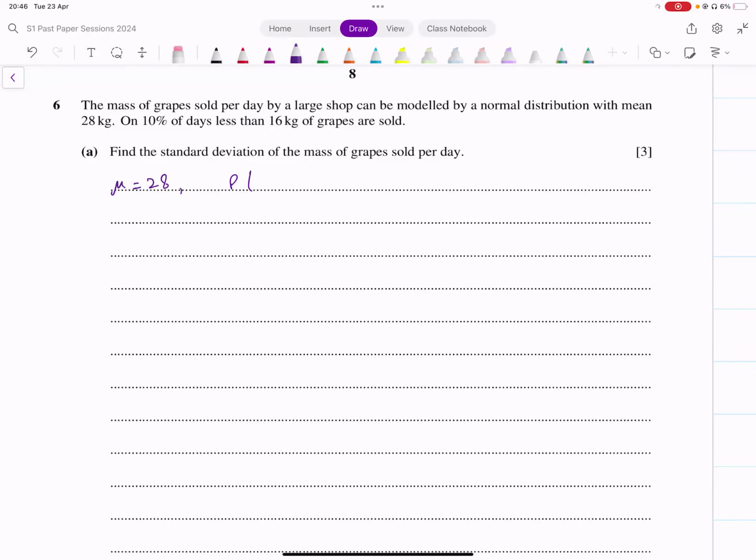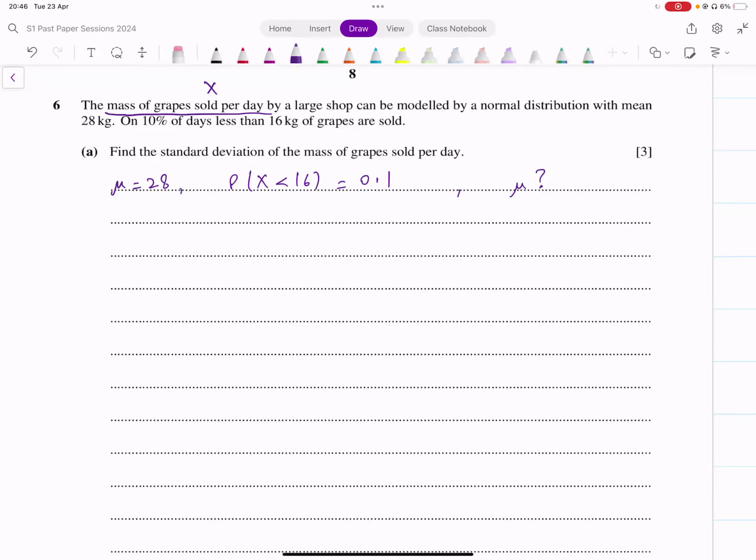Okay. So if we call the mass of grapes sold per day X, we are given that the probability of X being less than 16 is equal to 10%, which is 0.1. All right. We need to find the standard deviation and see what that is.